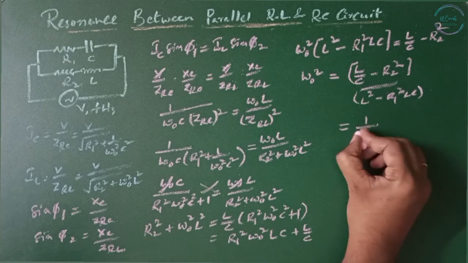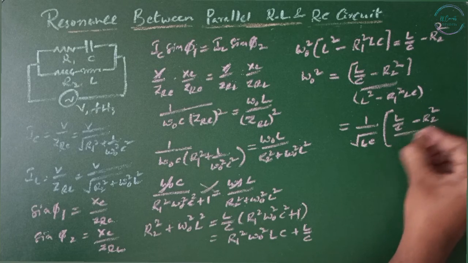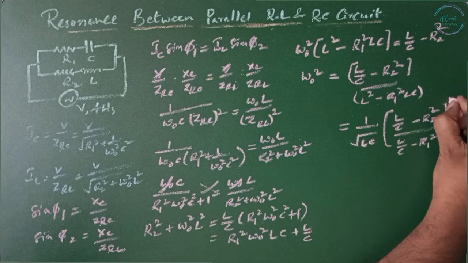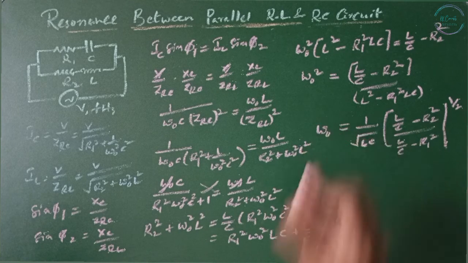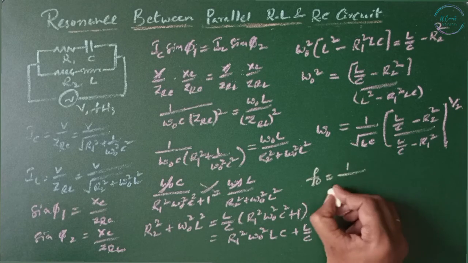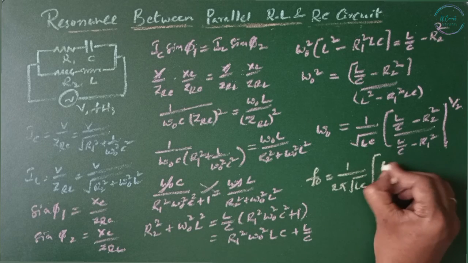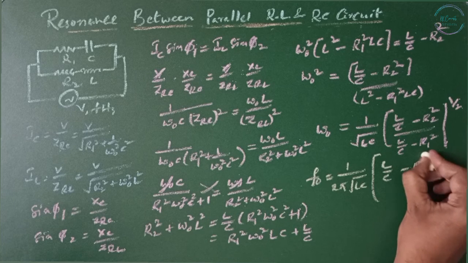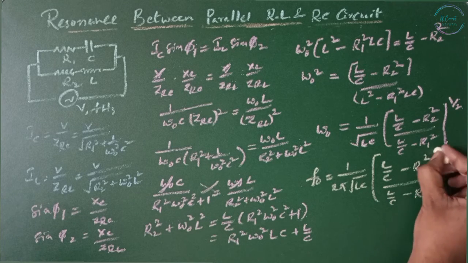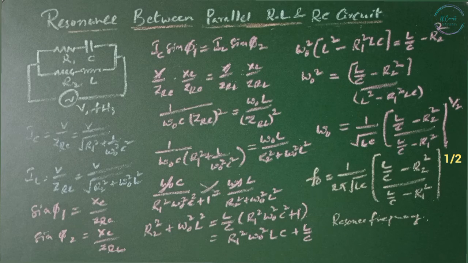After simplification, 1 by square root of LC times the square root of L by C minus R2 square divided by L by C minus R1 square, which is nothing but omega naught. Now the resonance frequency F naught is given by 1 by 2 pi root LC times the square root of L by C minus R2 square divided by L by C minus R1 square. This is our resonant frequency for the parallel RL and RC circuit.